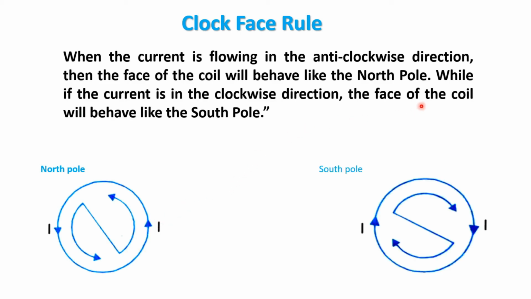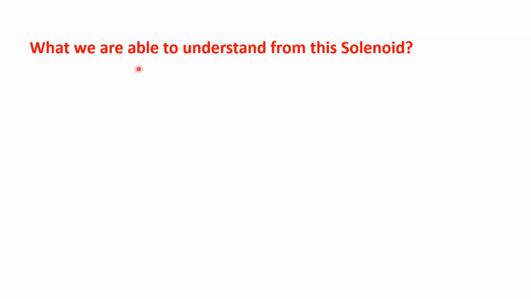While if the current is in clockwise direction, the face of the coil will behave like a south pole. See here, the current is flowing in clockwise direction, and so this face of the coil will be south pole.